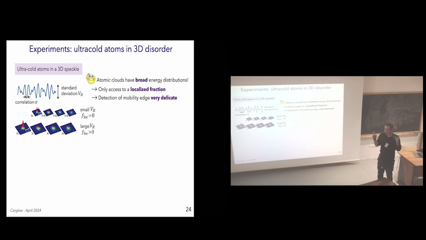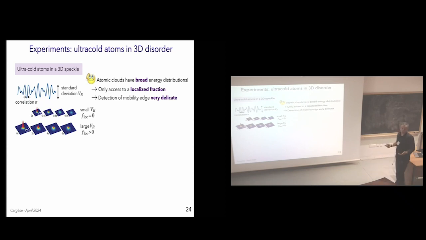So if you study transport, typically in the vicinity of the critical point, you would have classical particles, you would have localized particles, you would have critical particles. They all come together. So this means that in practice you have access to only a fraction of localized particles or a fraction of diffusive particles.